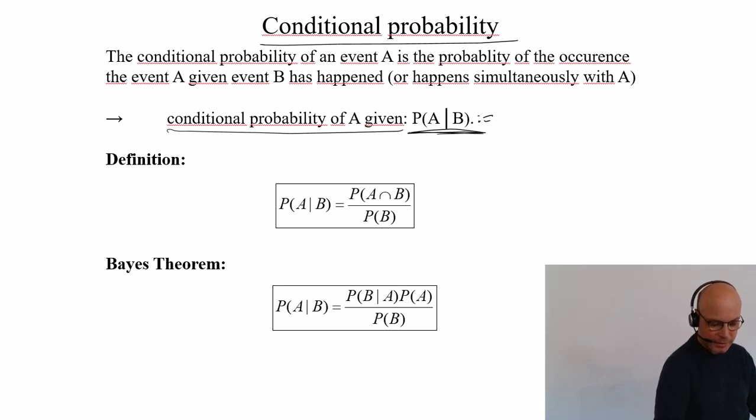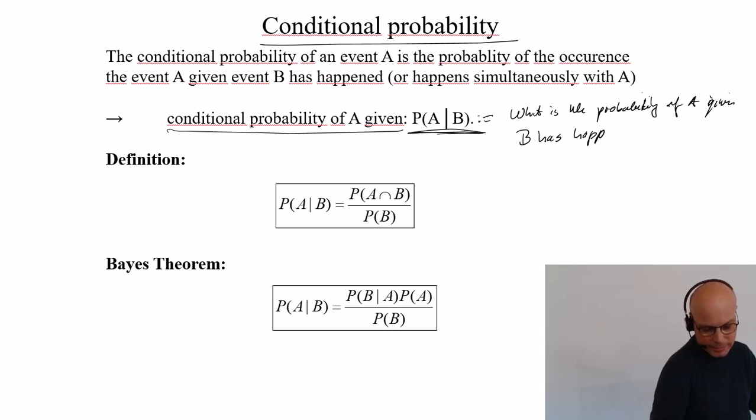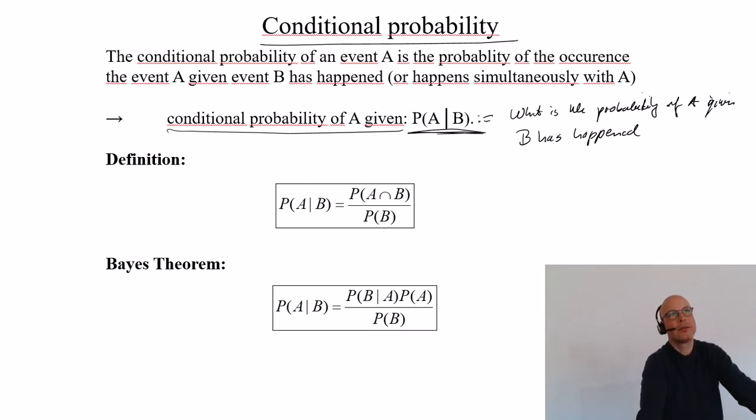So this means, what is the probability of A given B has happened. Well, and from our axioms, then we can show that this conditional probability is the probability of the joint set of A and B divided by the probability of B.